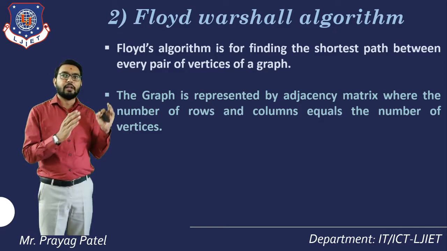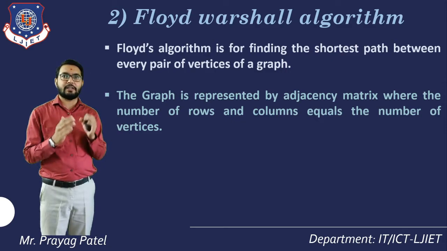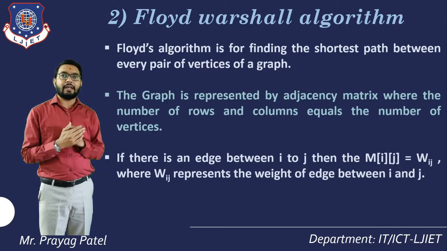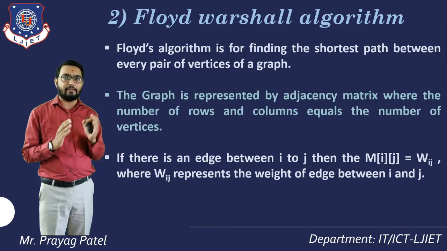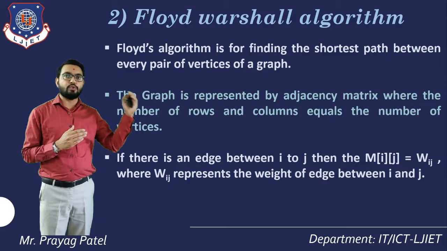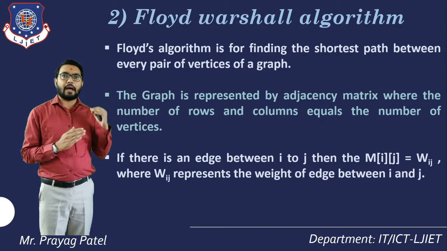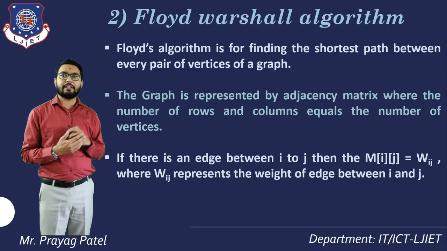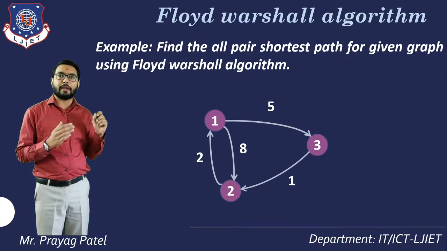For example, if a graph has 4 nodes, then consider a table or matrix with 4 rows and 4 columns. Here, if there is an edge between i and j, means a path from i to j is available, then m of ij equals w of ij, the weight of the edge between i and j. So consider this method for finding the all pair shortest path.